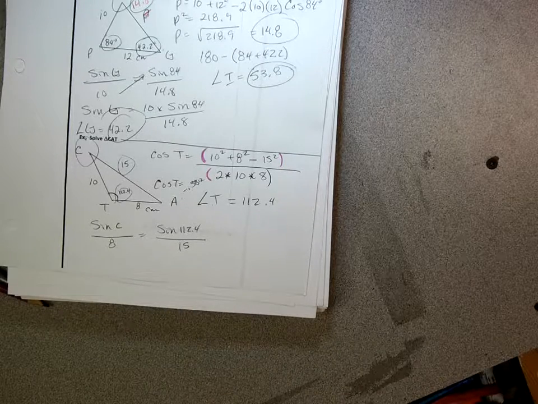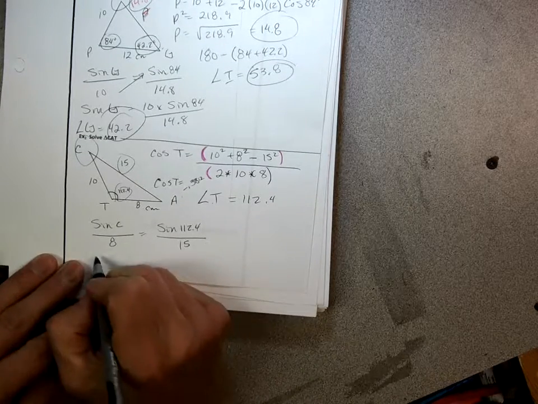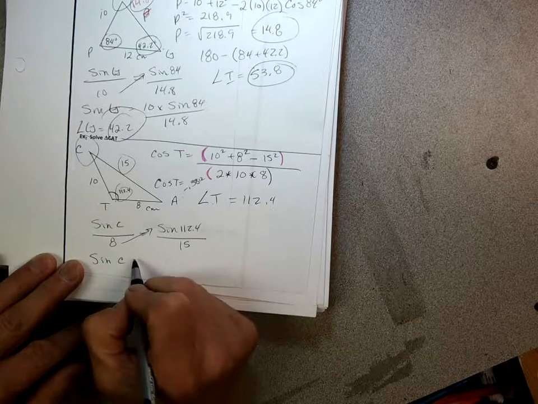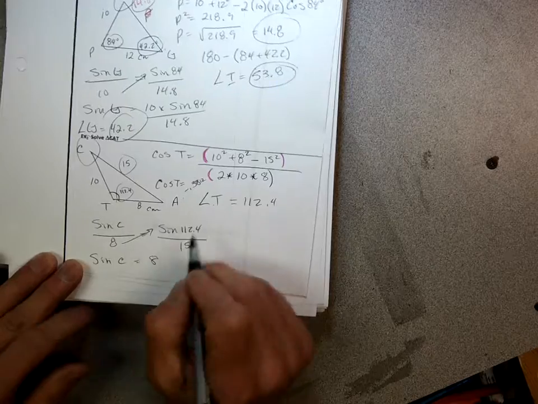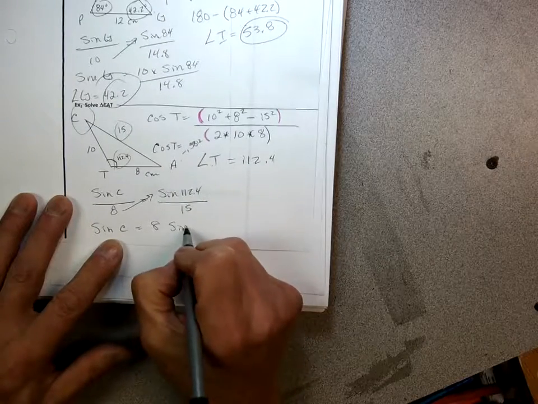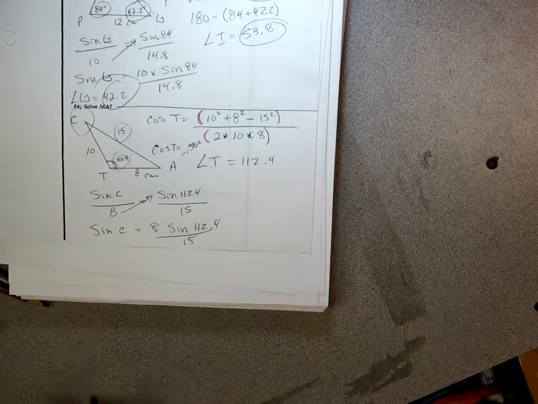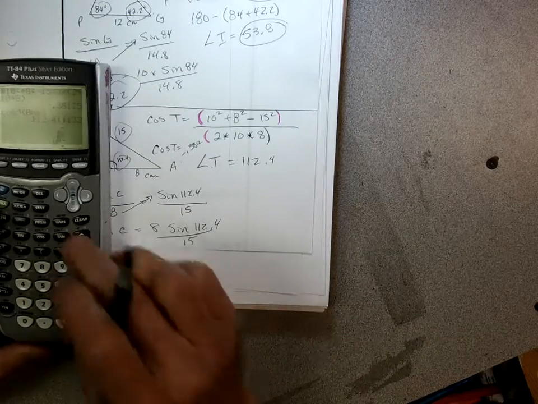Okay, now we're going to cross multiply, right? Bring up the 8. So I'll have sine of C equals 8 times the sine of 112.4 over 15, right? Use my calculator. I'm going to get a decimal, right? You guys agree?